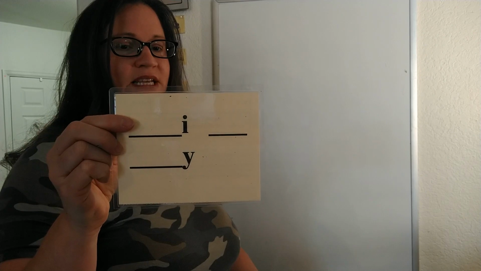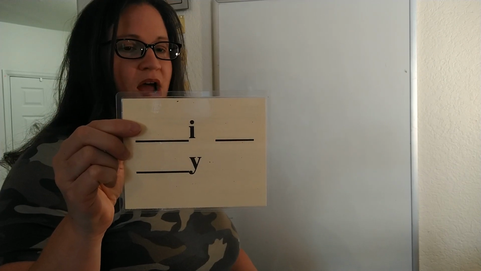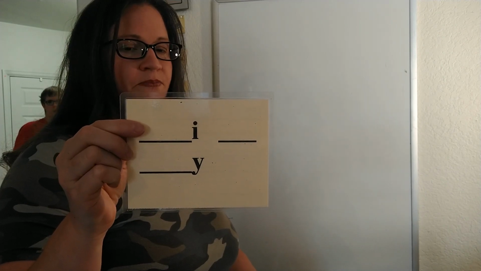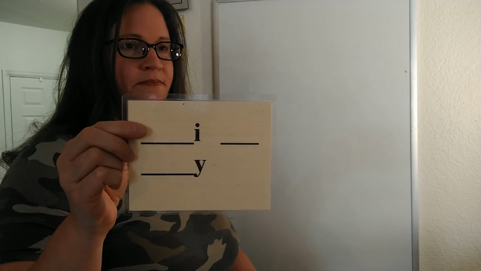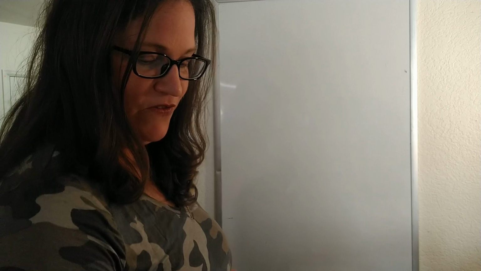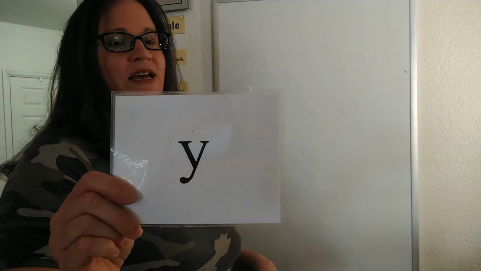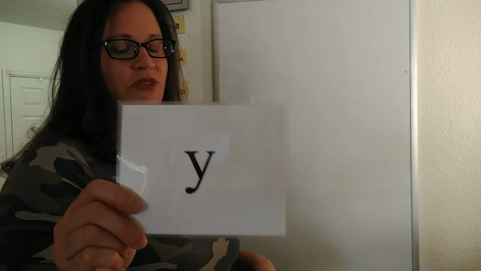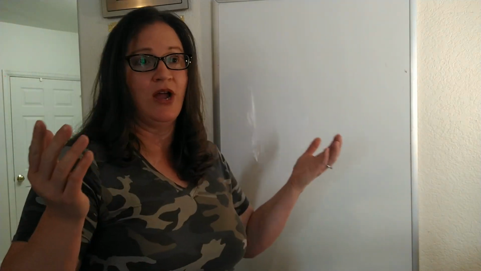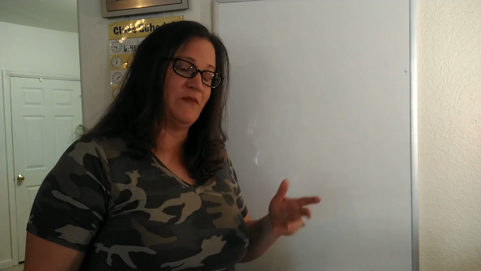And then we also have I and Y usually say I, but at the end of a syllable it may say I, like cry. Summary. We might just add an E for this one. We might just say I, E, because that just really throws it off. It's going to throw you off maybe, but that's how we're going to think to spell.